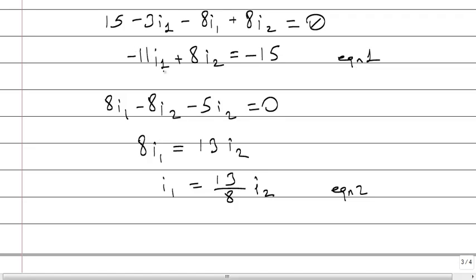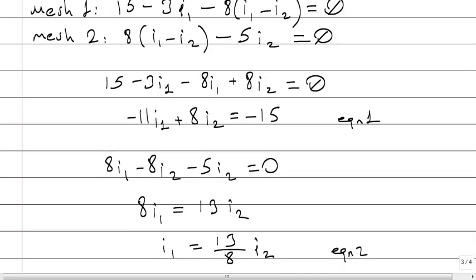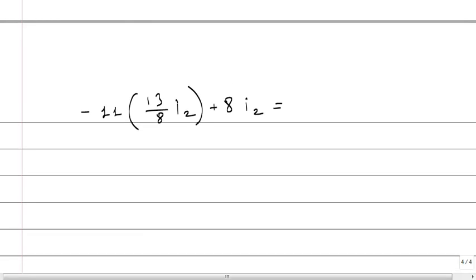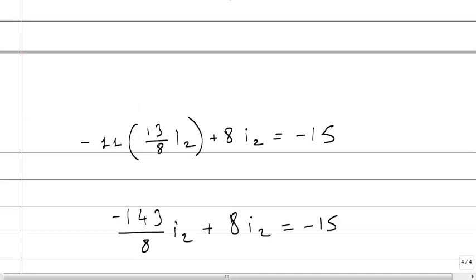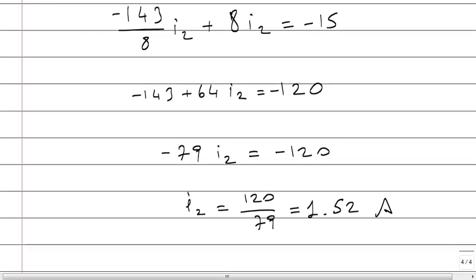Minus 11 I1, instead of I1, I will write this. Minus 11 I1 plus 8 I2 is equal to minus 15.